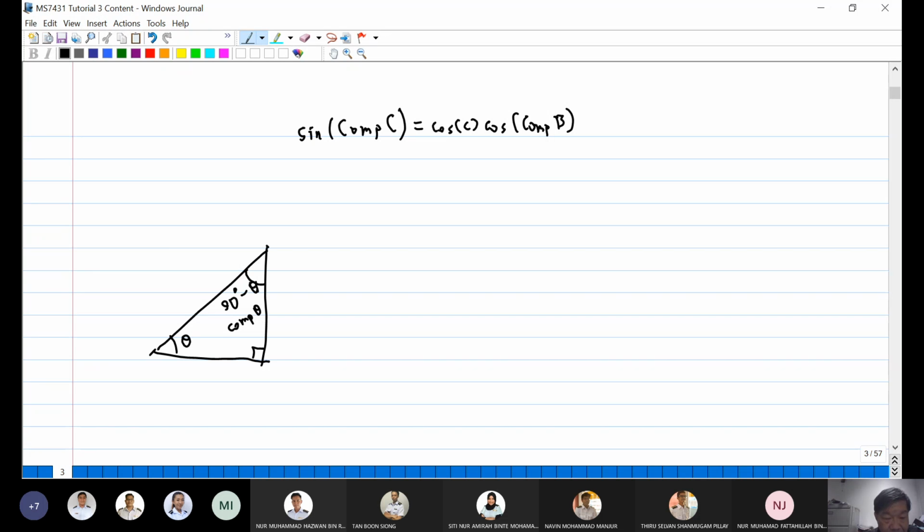Both of them you can easily see in this triangle. Usually theta, this one is the opposite of the triangle, this is the adjacent, and this is the hypotenuse.